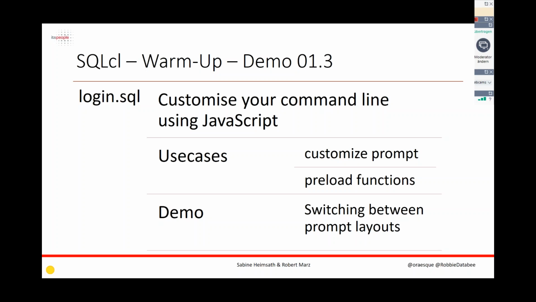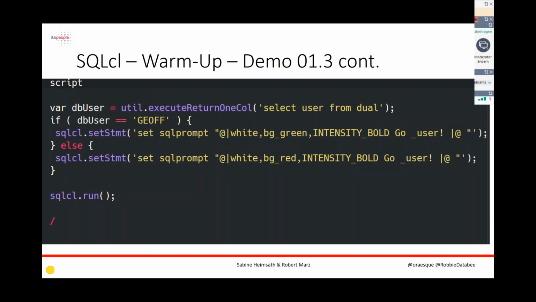Think of preloading functions, for instance, if you're using extensive JavaScripting, or you can customize your prompt. Like in SQL Developer, you can have a connection color to make the dangerous connections hot pink, for instance, and the easier ones light green. And you can also have that in SQLcl. We will have a short demo for it.